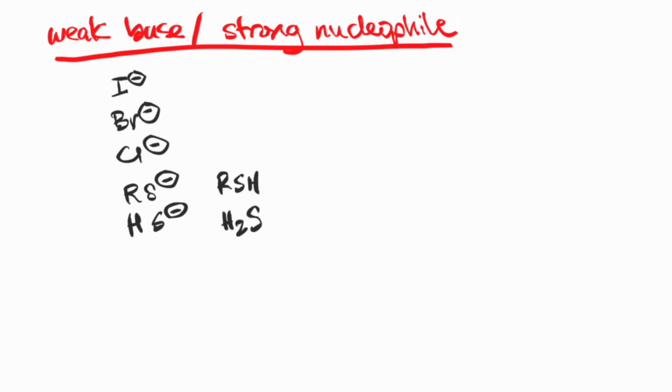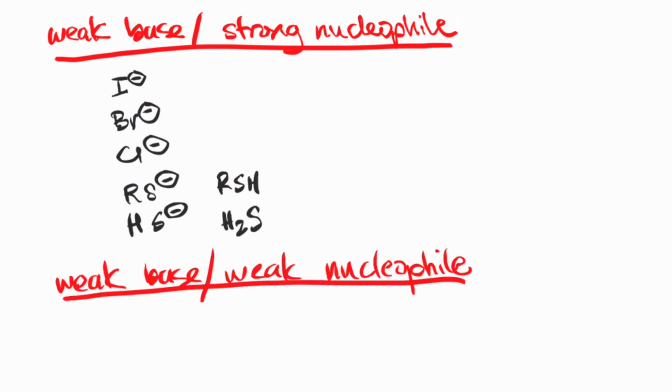Now, sulfur has such a strong electron density that even if it's in its neutral state, it will also function as a strong nucleophile. And again, these are weak bases because the conjugate acids are relatively strong acids. These are some common reagents of strong nucleophiles. So you would expect them to do what kind of mechanism? A substitution mechanism, right?